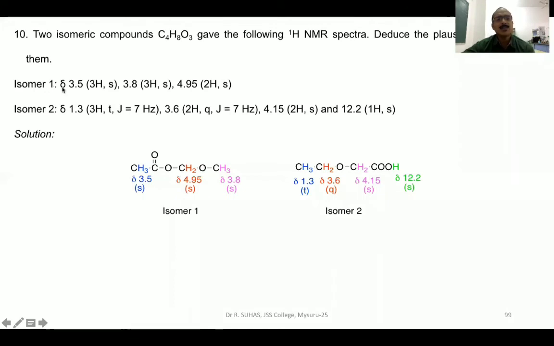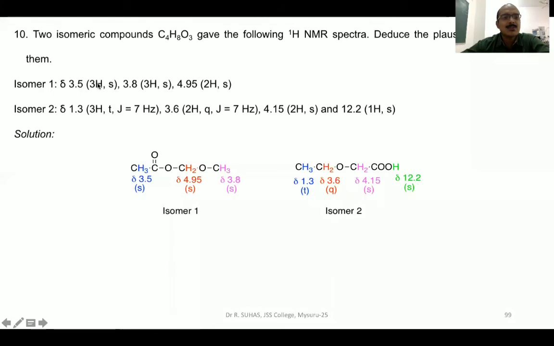Isomer 1 is showing delta 3.5, 3H singlet; 3.8, 3H singlet; 4.95, 2H singlet. There are three oxygens, you must keep in mind. So there should be an ester or a carbonyl function, and I'm also expecting that there could be an ether function for this isomer 1. Why am I suspecting this? 3.5, singlet, 3H.